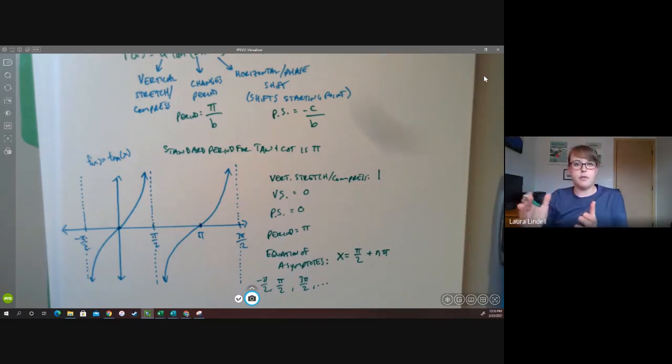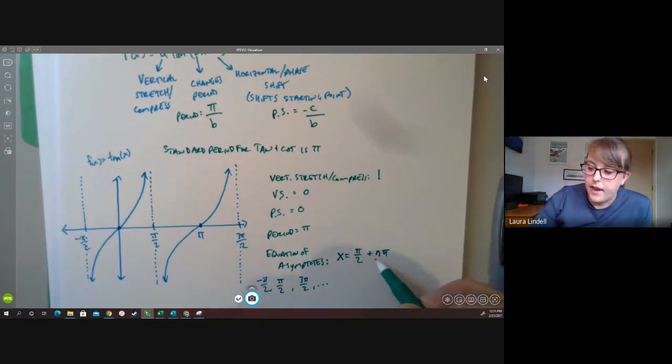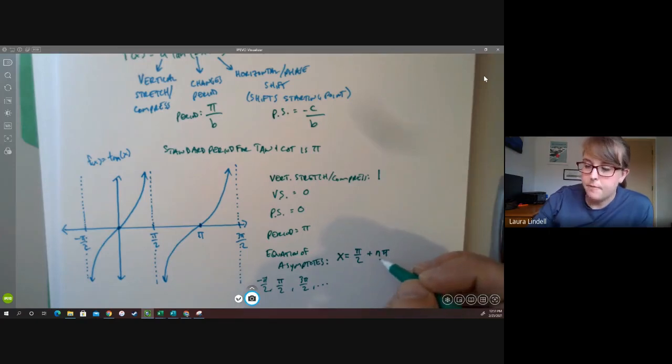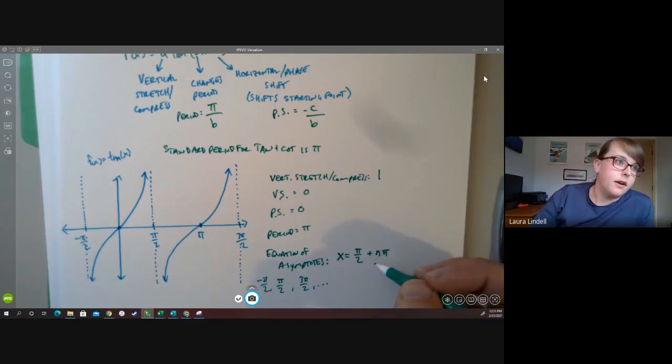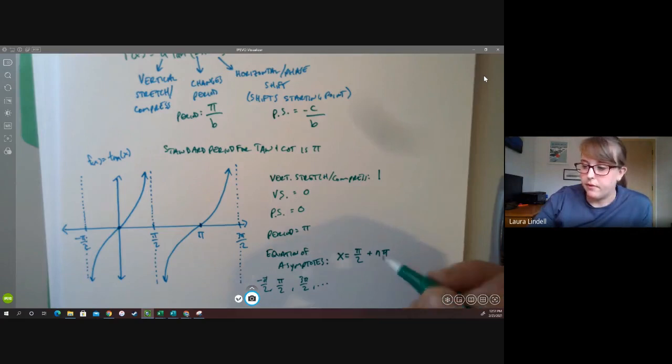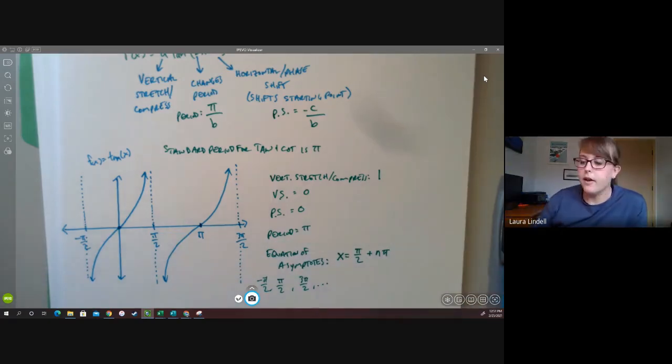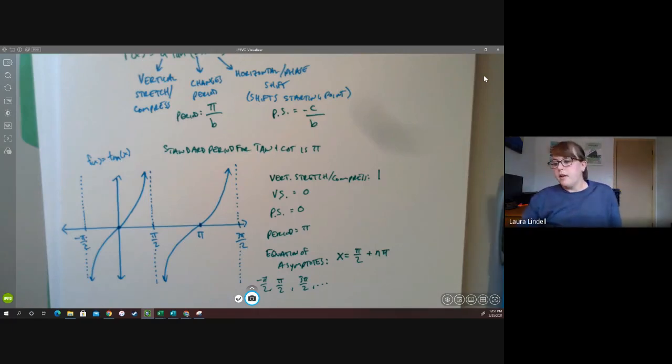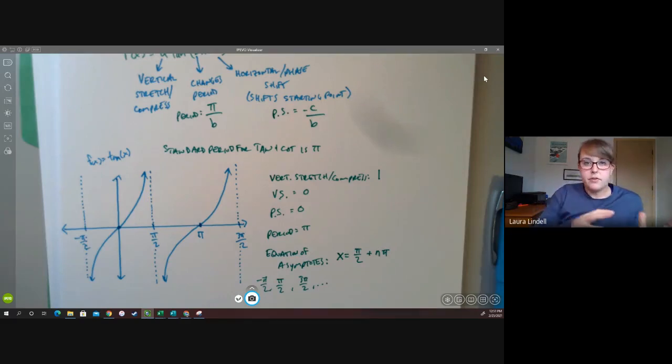Each time that we add pi, we get another asymptote, and n is just a generic index, basically any integer you want to plug in. So I can plug in n equals 0, 1, 2, 3, 4, and each time I get another asymptote for this function. We'll talk more about finding equations of asymptotes once we shift things around.